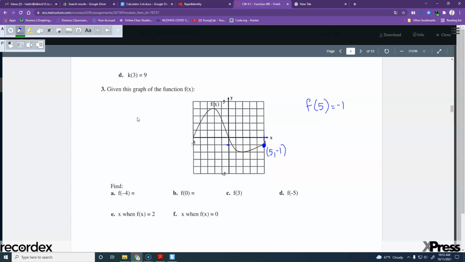Julian, what about if I ask for f of -1? You might have to estimate here. It might not be a whole number. Look at it a little closer. It is going to be about 0.5, or about.